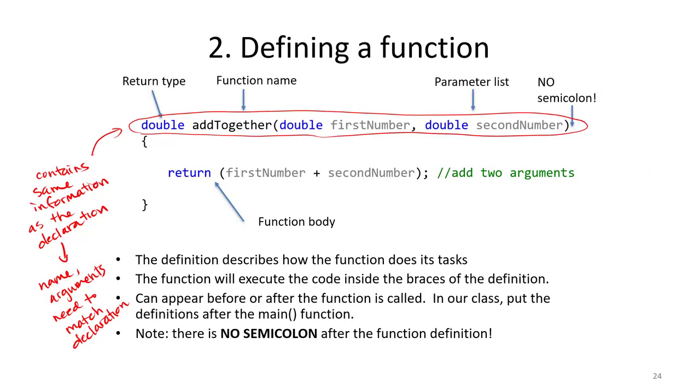Notice in the definition, there is no semicolon after that parenthesis. So the first bit of our function definition is the header, and this header part contains the same information as the declaration, so it must match.